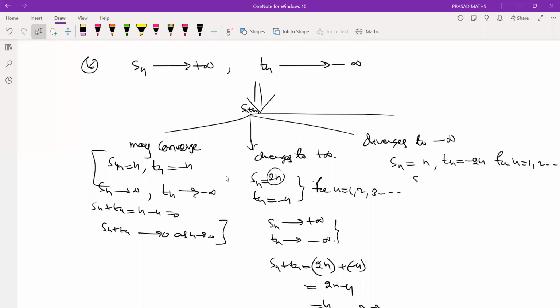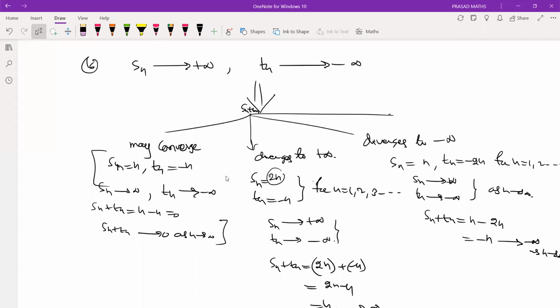So Sn diverges to plus infinity clearly, and Tn diverges to minus infinity, no doubt. But look at the sum Sn plus Tn. This is n minus 2n, which is exactly minus n. This tends to minus infinity as n tends to infinity. Therefore, Sn plus Tn may diverge to minus infinity.